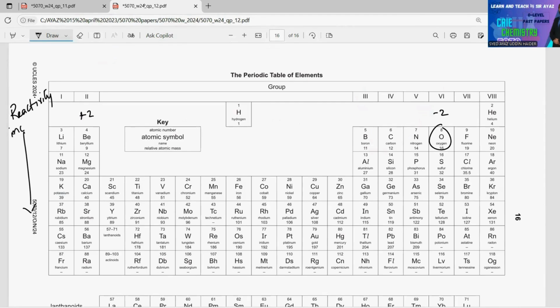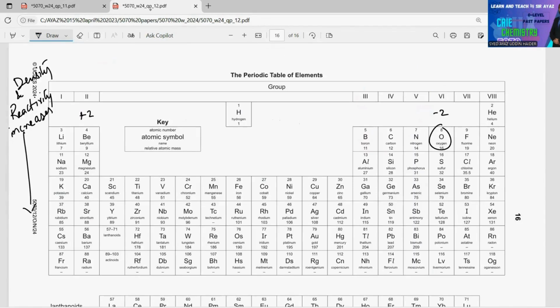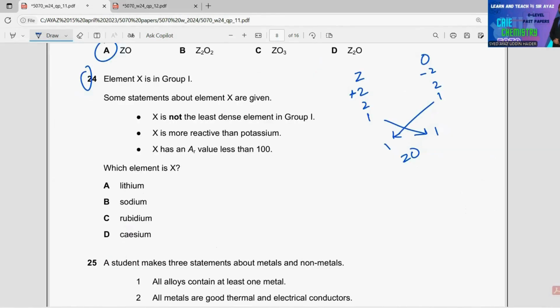Reactivity increases. Density also increases. So I will write density and reactivity increases down the group. What they are saying is that X is more reactive than potassium, which means it can be rubidium, cesium, or francium, one of these. And they are saying it's not the least dense.